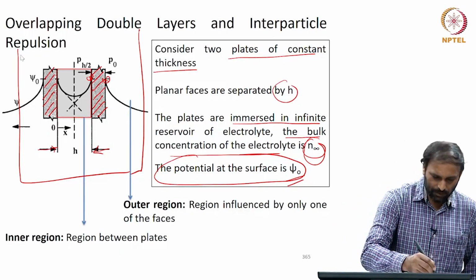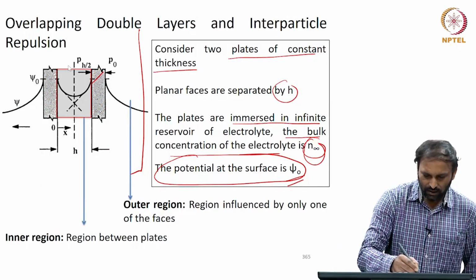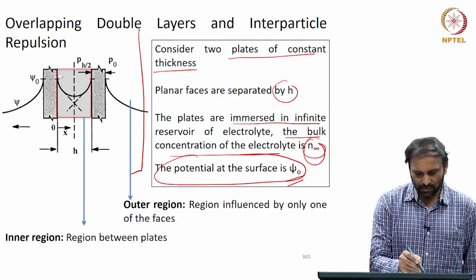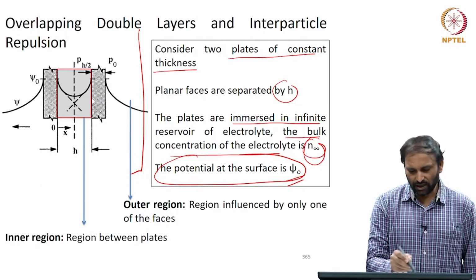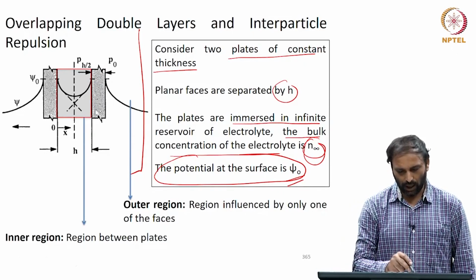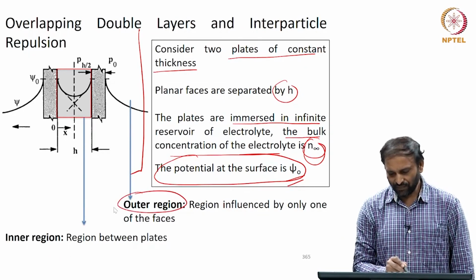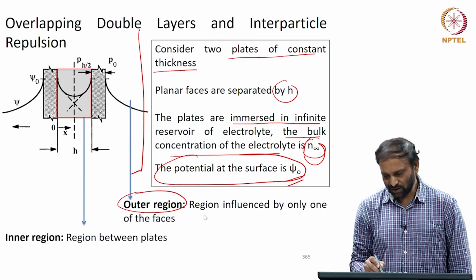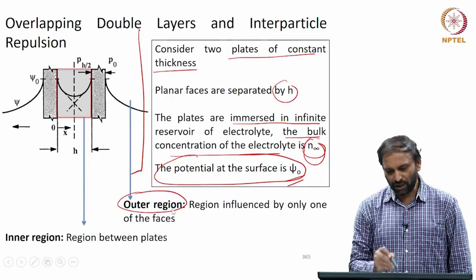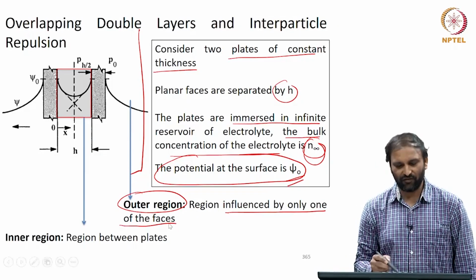So, what is shown here is that there is a region between the two plates, and there is a region outside. We are going to name two regions. The outer region, the potential in this region is influenced by only one of the faces.